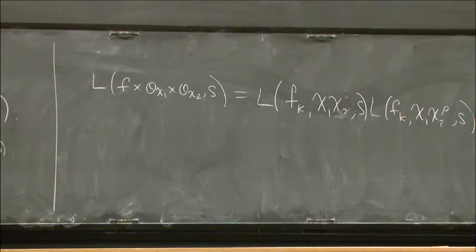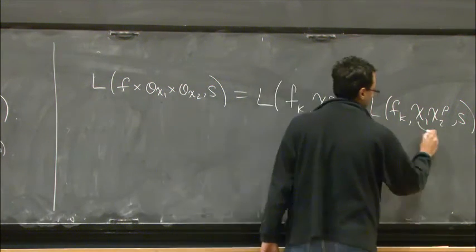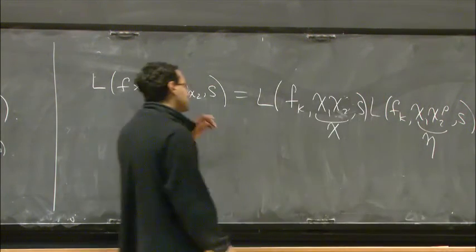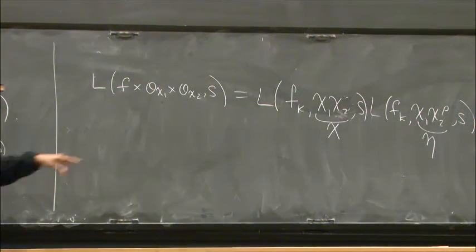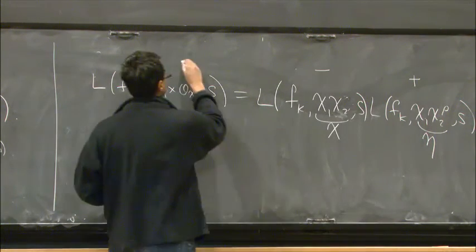Now this is the character chi you're interested in, and this is some other character eta. And remember, the sign here is -1.